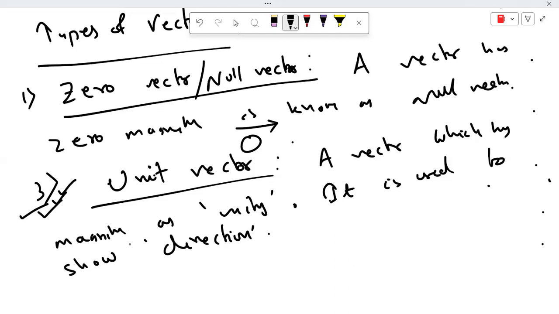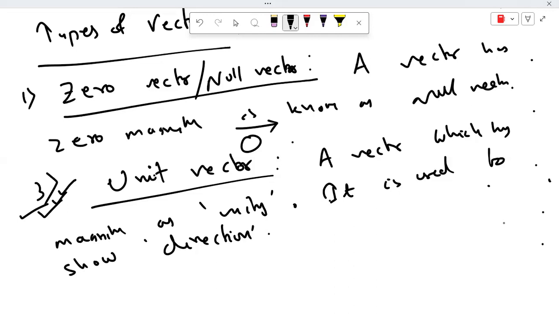Now remember, when I say direction, don't think north, west, south, east. Direction means any direction we want to show. Arbitrary direction. Got it?